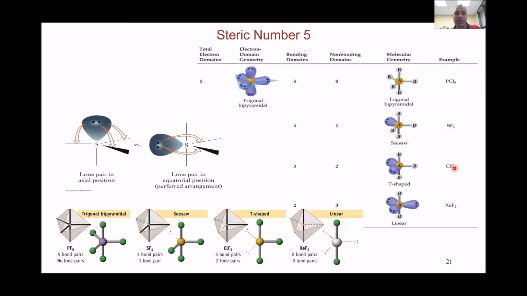If the molecule is only using 2 domains in bonding with 3 domains occupied by lone pairs, that molecule is going to assume a linear shape, because the bonding pairs are going to occupy the axial positions at a 180 degrees angle with respect to each other, and the lone pairs are going to occupy equatorial positions to exhibit the minimum repulsion possible due to the 120 degrees angle between each one of them.